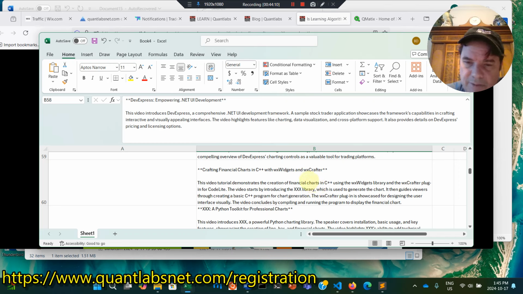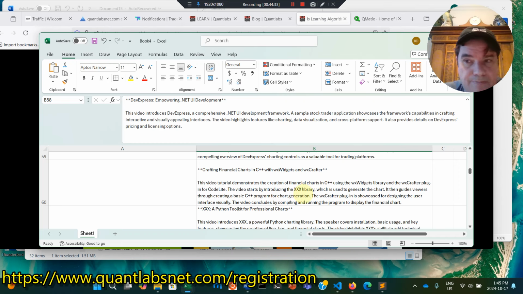It's all done in C++ and using another thing called wxCrafter. So this is the creation of financial charts in C++ using wxWidgets and the wxCrafter plugin from an IDE called CodeLite. Remember, some of these videos are fairly old, so they may not be up to date.